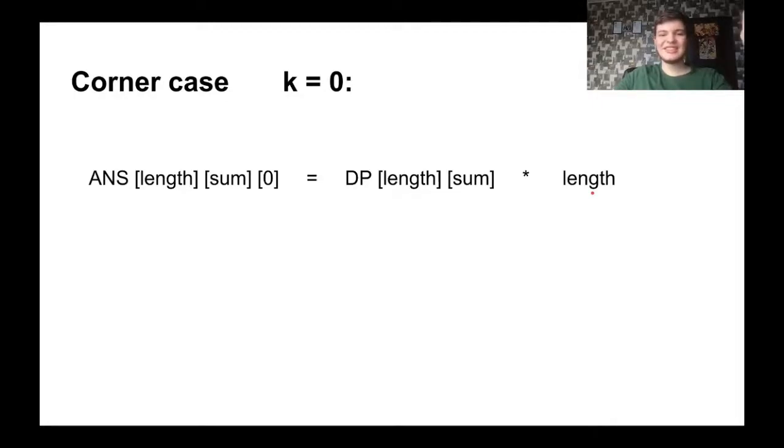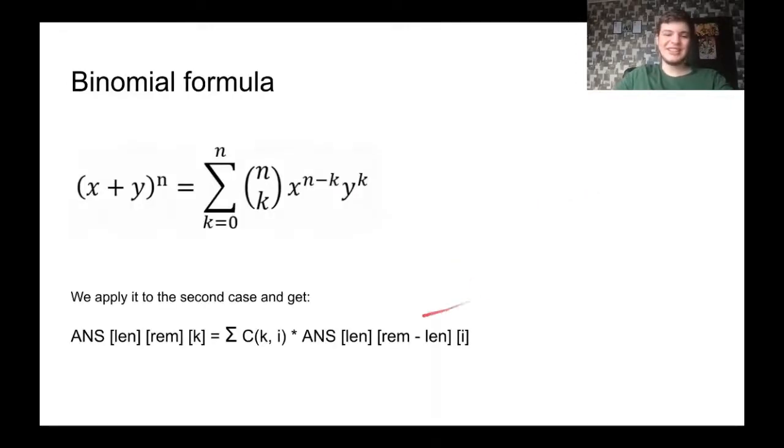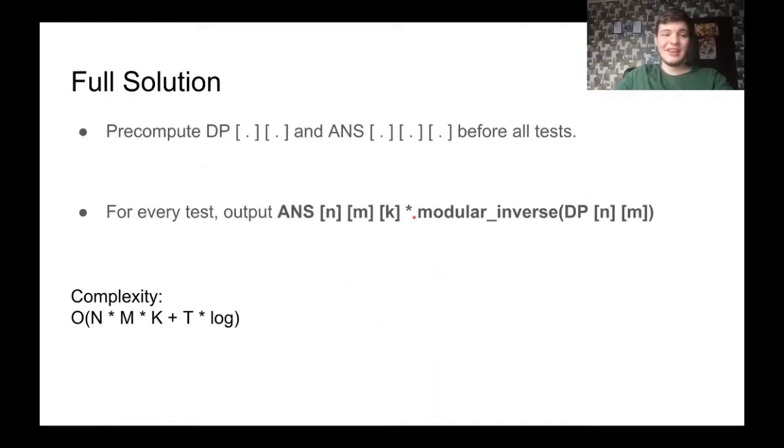We consider this case separately, and then we build up the other case starting from 1 using the binomial formula. This means that the full solution is pretty much: we pre-compute the dp table and the answer table, where the dp is the number of solutions, and the answer is the sum of f over all solutions.